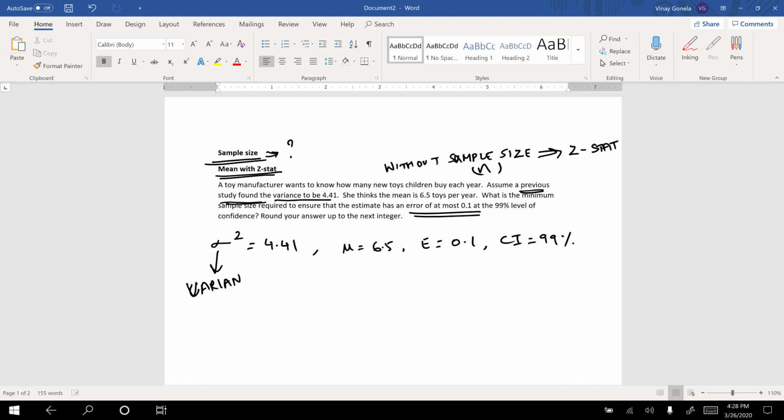Variance is sigma square, so the standard deviation is sigma, so that would be the square root of 4.41. When you do square root, it will give you standard deviation. Usually the formula is standard deviation is equal to square root of variance.